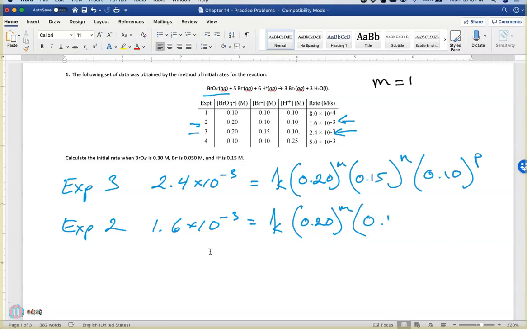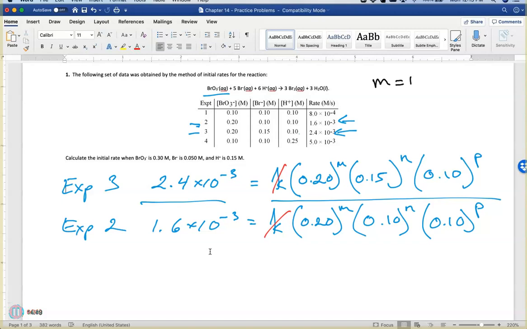This is 0.10. And then 0.10. We're going to divide both equations and cancel out like terms: k, k, 0.2 to the mth, 0.2 to the mth, 0.1 to the pth, 0.1 to the pth.